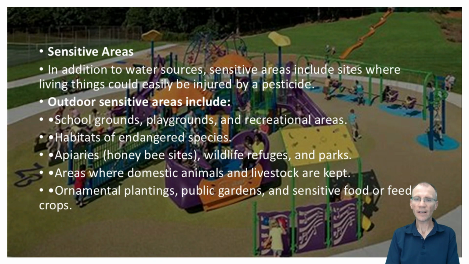Outdoor sensitive areas include school grounds, playgrounds, and recreational areas, habitats of endangered species, apiaries, honeybee sites, wildlife refuges, and parks, areas where domestic animals and livestock are kept, ornamental plantings, public gardens, and sensitive food or feed crops.